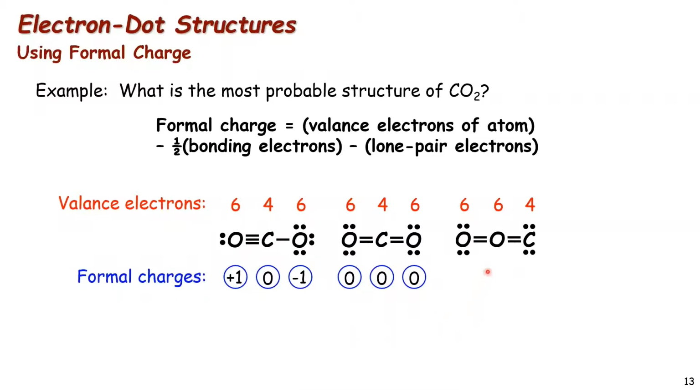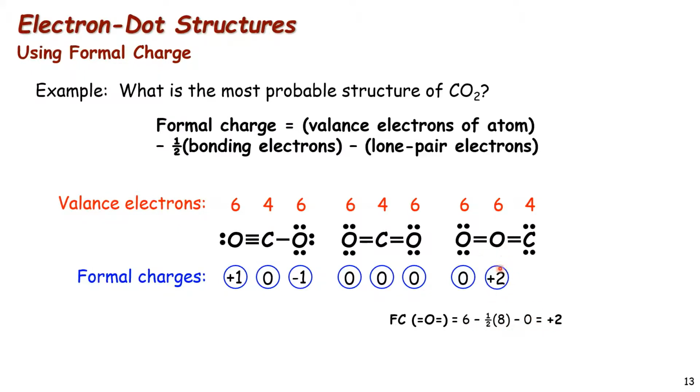Okay, moving on. Let's go to the next one. So this oxygen, of course, is an oxygen with a double bond, 2 sets of lone pairs. So we've already calculated its formal charge at 0. This one we haven't. So this oxygen's in group 6. It has a total of 2, 4, 6, 8 bonding electrons, and there's no lone pairs on it, so 0. So 6 minus 4 is equal to plus 2.